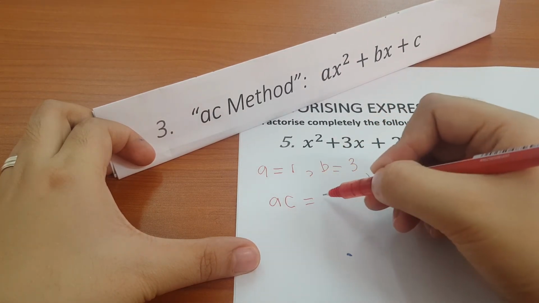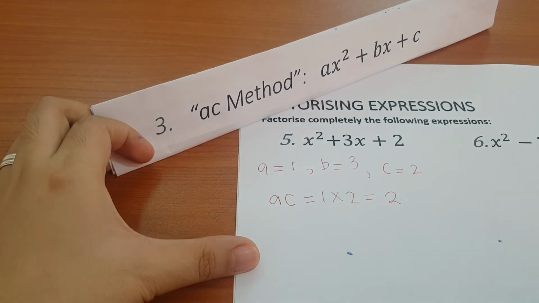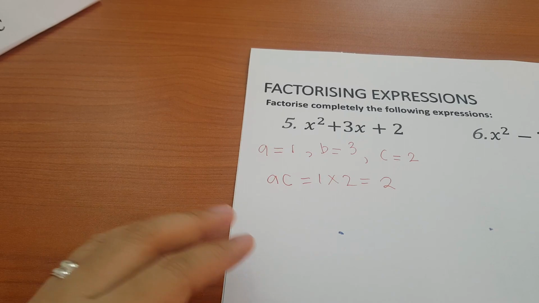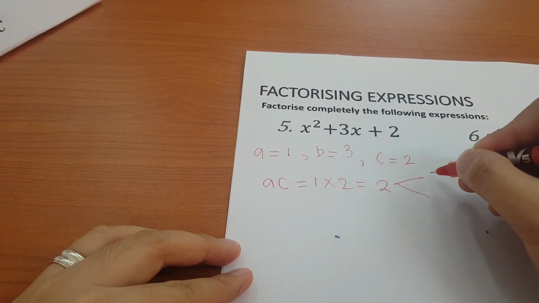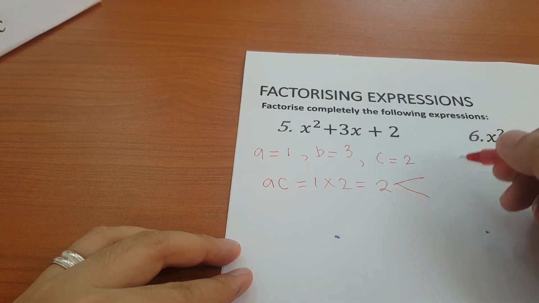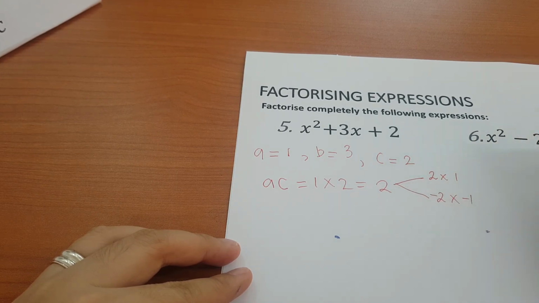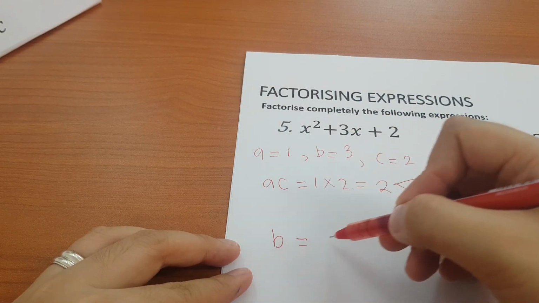Therefore, you multiply 1 times 2, which is 2. Now we have our AC. After that, we need to check the factors of AC. So what are the factors of 2? 2 times 1, and minus 2 times minus 1. Anything else? I guess just this. Now, if you go back, B is 3.